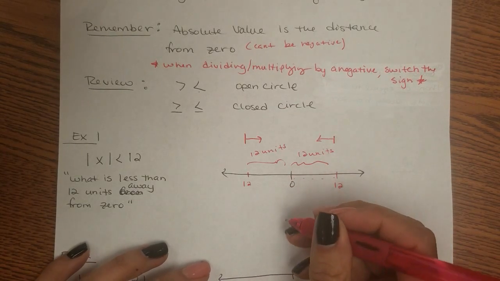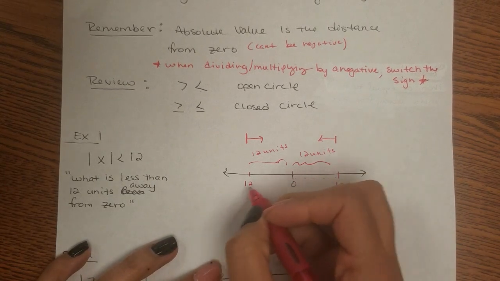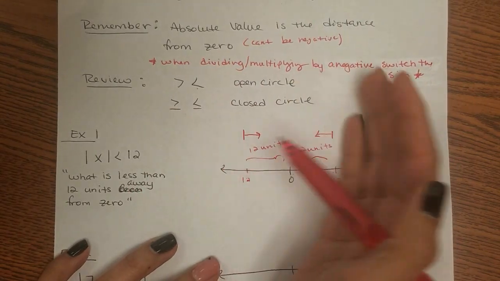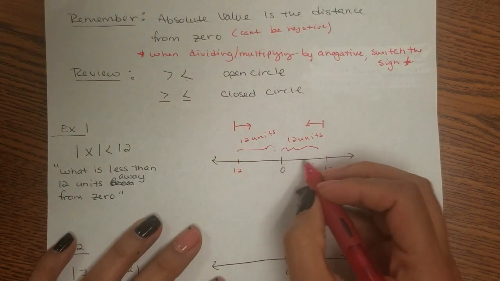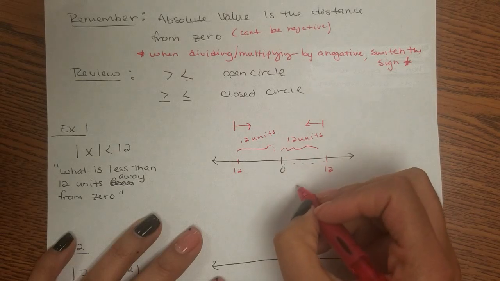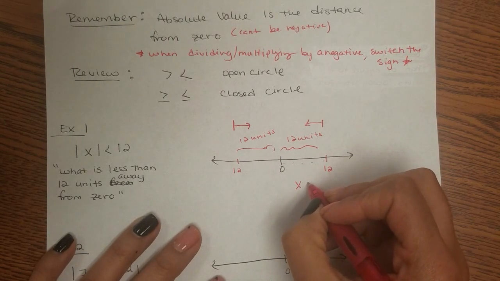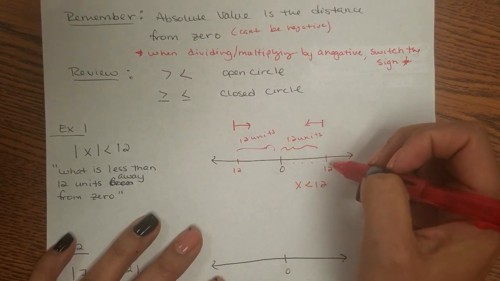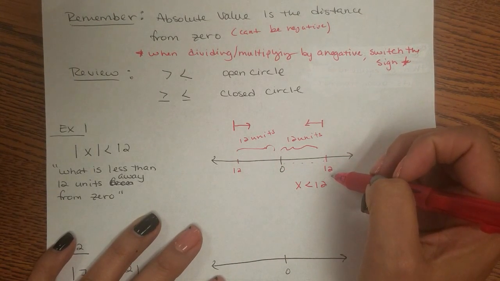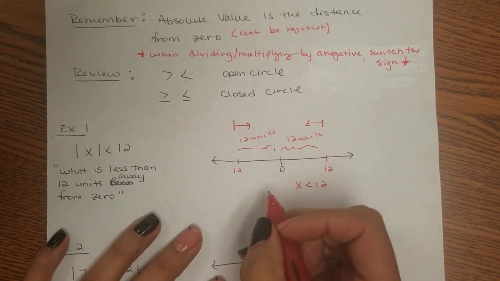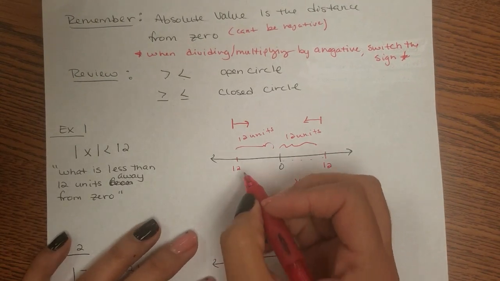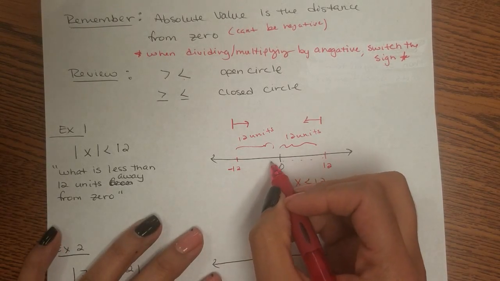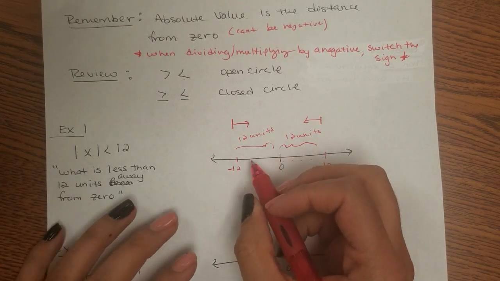So here we have two inequalities. We can move to the left or to the right. If I wanted to evaluate the right-hand side over here, x on this side can be represented as x less than 12. That's starting at 0 and moving to the right. If I wanted to evaluate the left-hand side, you have to remember that on a number line, that number there is negative 12, which is 12 units away.